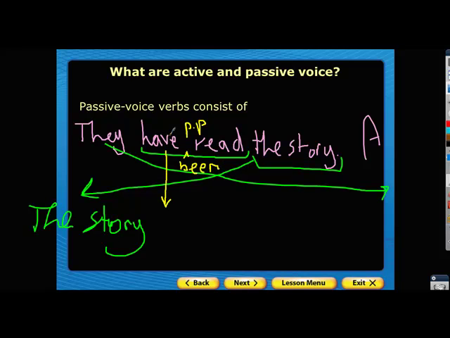Story here is singular. What is the singular form of have? Has. And this is a helping verb. And the verb to be after has, have, and had? Been, the past participle. And of course, the past participle of the main verb here: read, read, read.